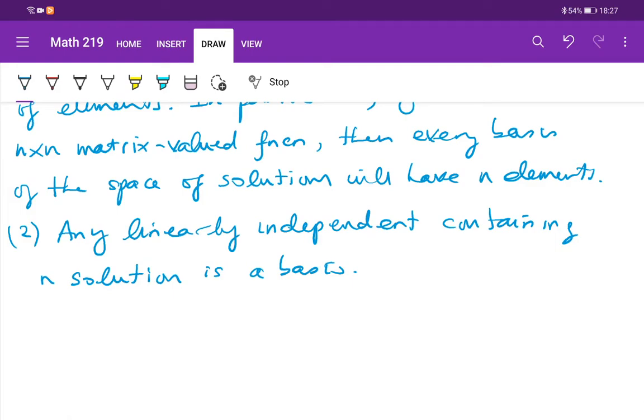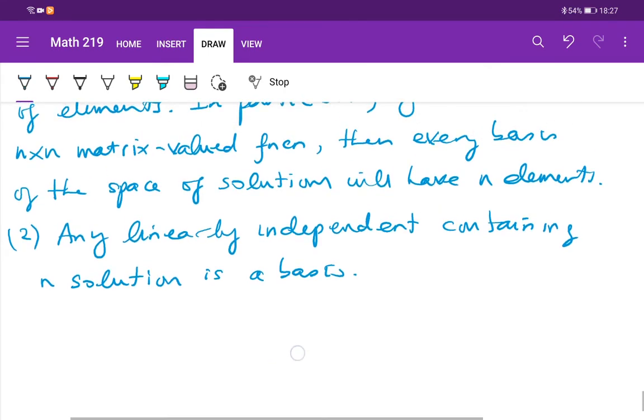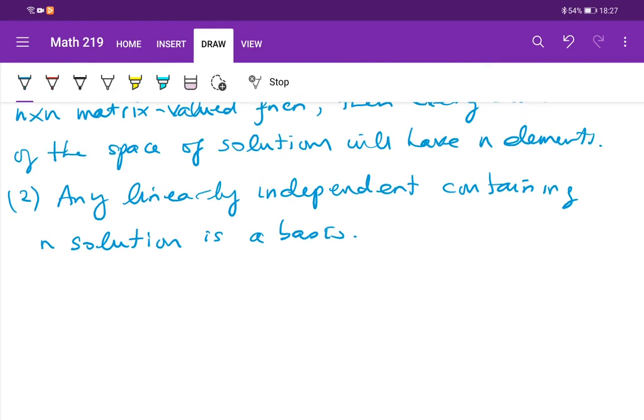This is from linear algebra: if you have a vector space which is n dimensional, then if you pick any n linearly independent vectors in that vector space, they will necessarily be a basis. So if we find n linearly independent solutions, we know we've found a basis, and that means that every other solution is a linear combination of those solutions.